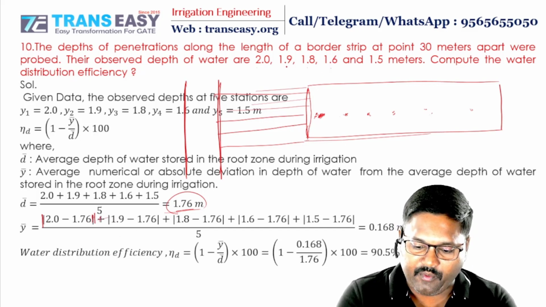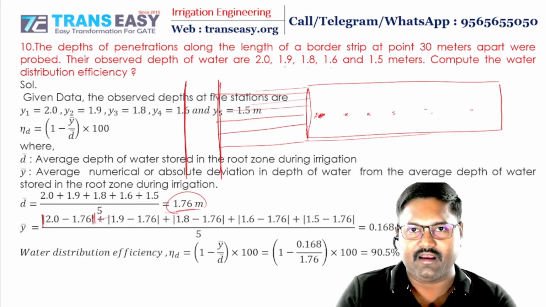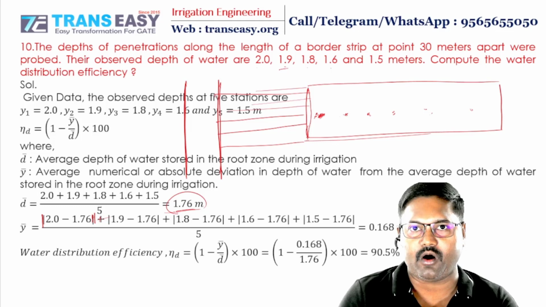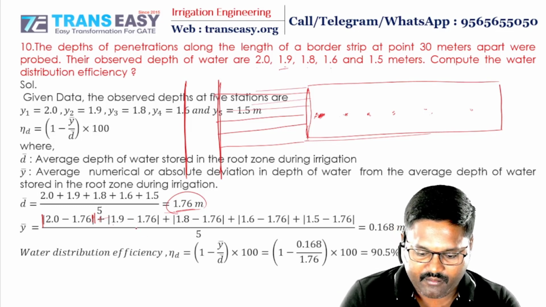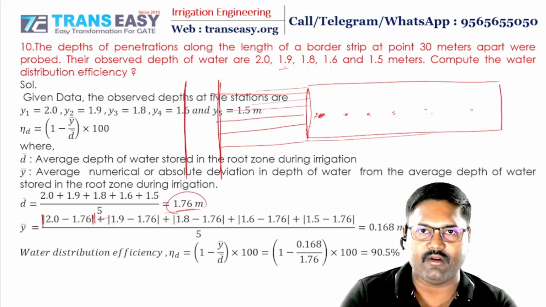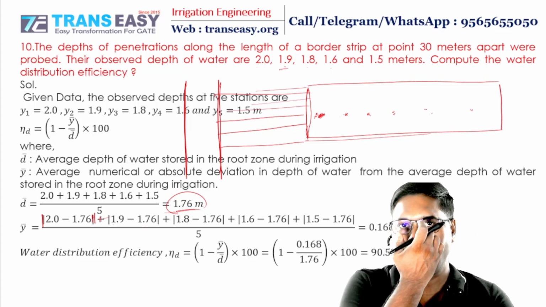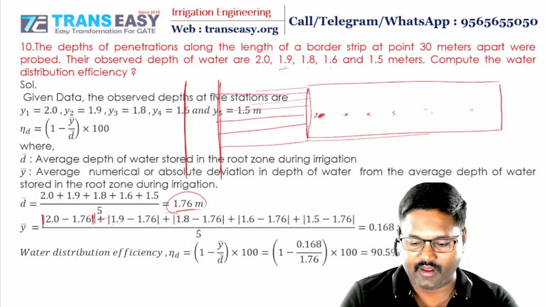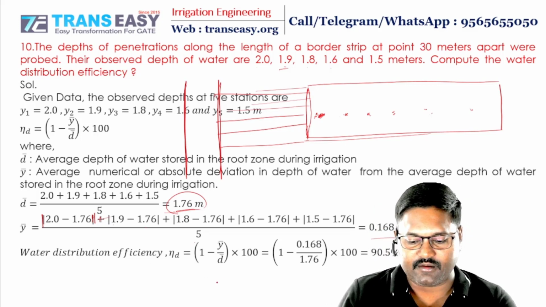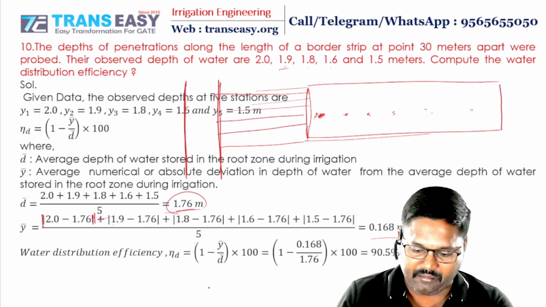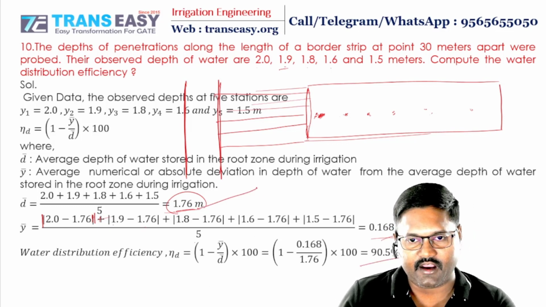Plus 1.9 minus 1.76. Actually, we are finding deviation of depth of irrigation from mean depth of irrigation. Similarly, we will calculate all absolute deviations and then take their average: divide by 5, as there are 5 numbers. And this is the water distribution efficiency, 1 minus y bar upon d bar. Y bar is this and d bar is this, and it is 90.5%.